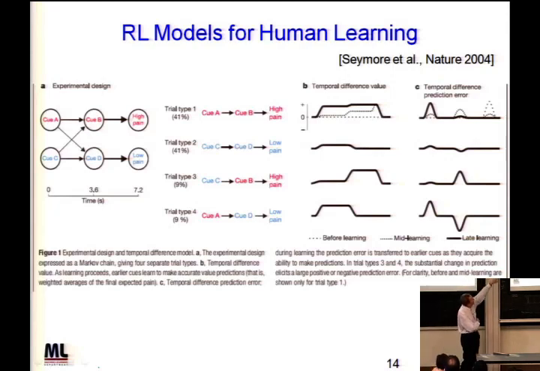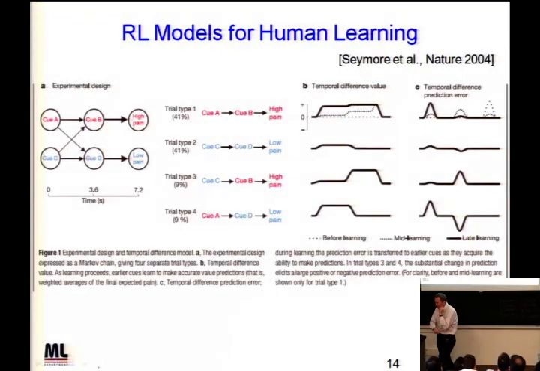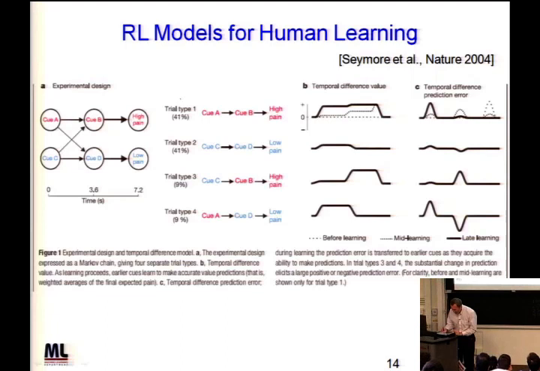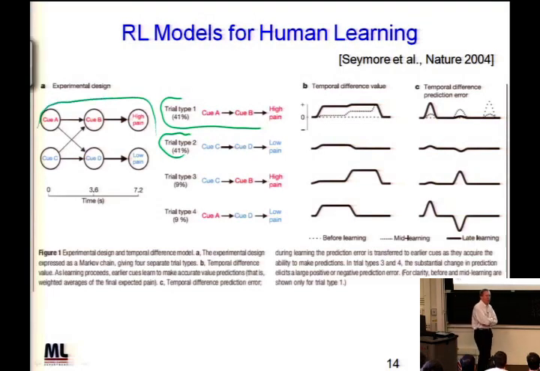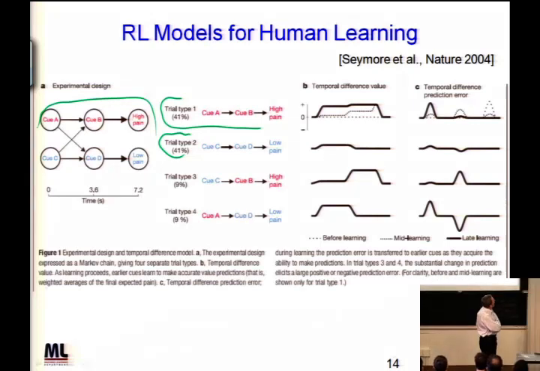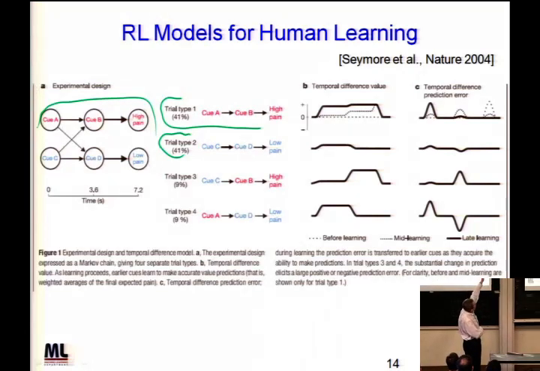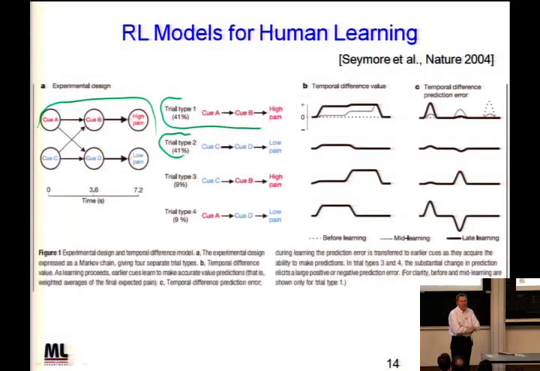So here's an experiment done more recently where people were subjected to trials of 4 types. And here's a little diagram off on the left that shows what the possible trials are. So a trial consists of starting on the left side of this diagram and going to the right.